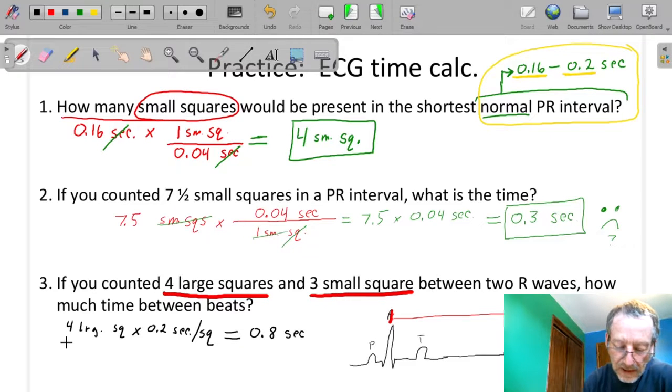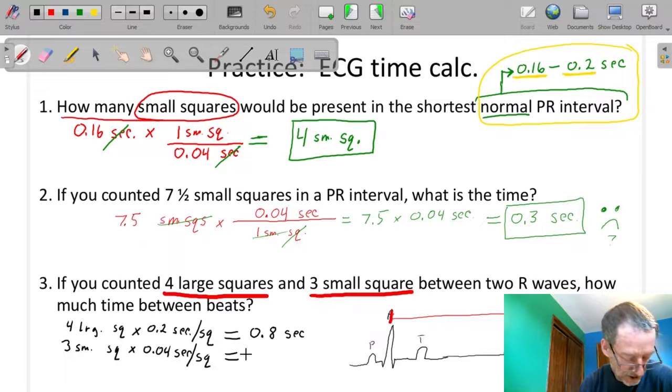And then we have 3 small squares, and those are equal to 0.04 seconds per square.